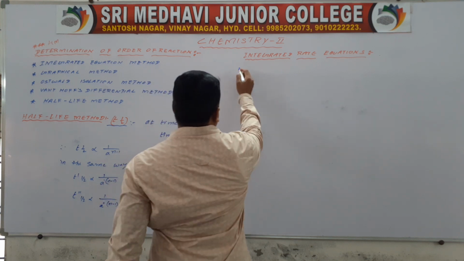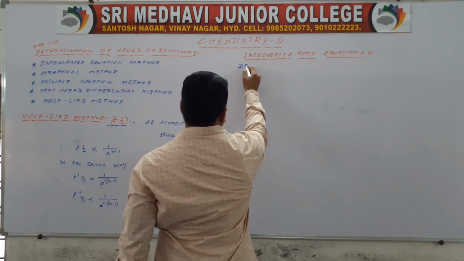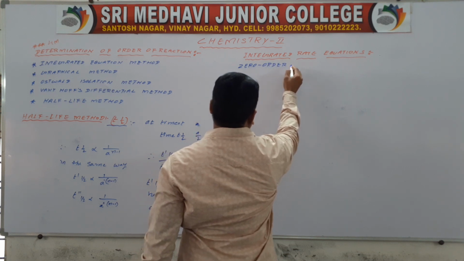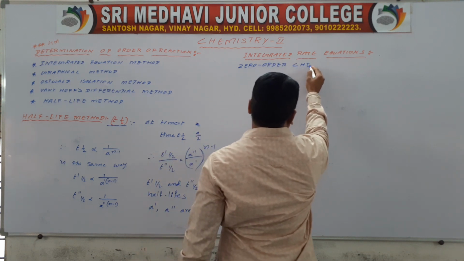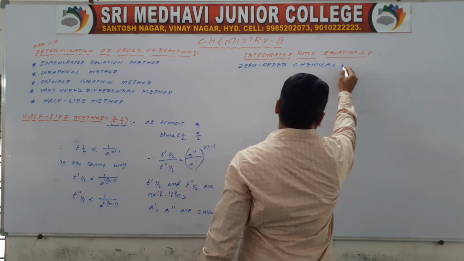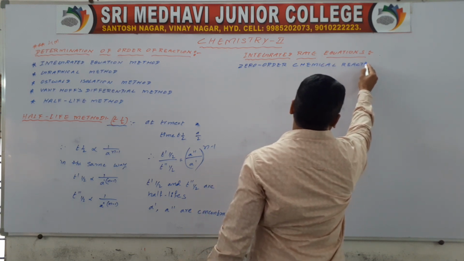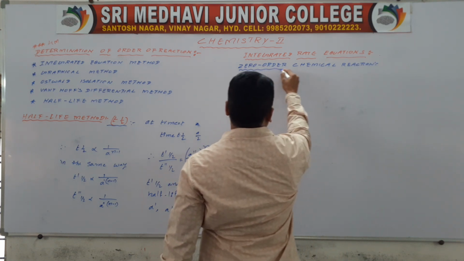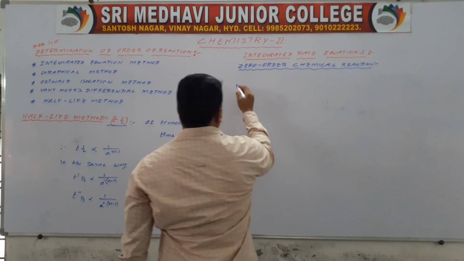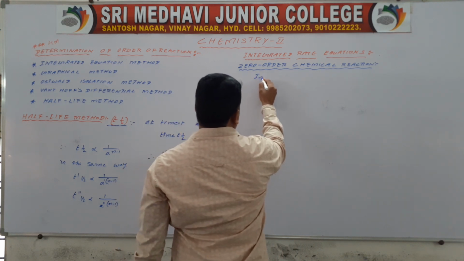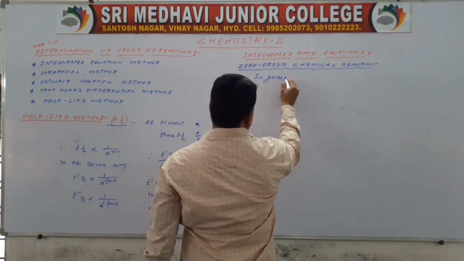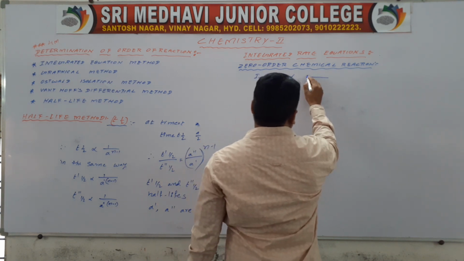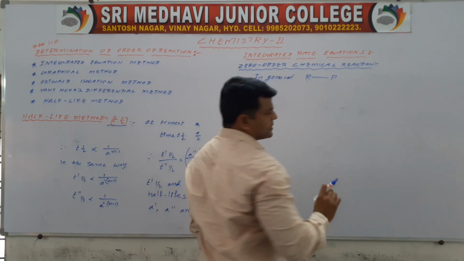So first, the zero order chemical reaction. We are going to discuss the integrated rate equation for a zero order chemical reaction. In general, A, that is, reactants gives rise to products.